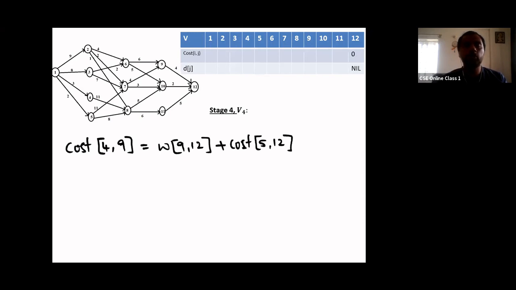That is, cost of 4, 9 will be equal to the weight of 9 to 12, that is, the connecting cost from vertex 9 to vertex 12, plus the shortest path from 12 to the sink. So it is 0.